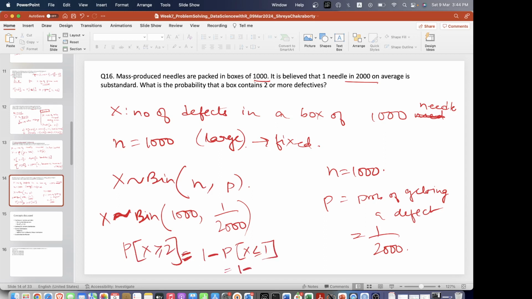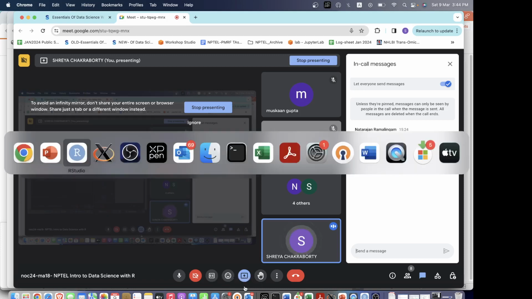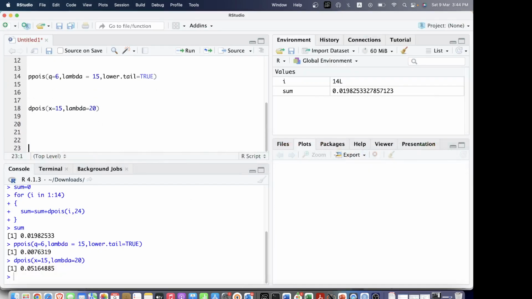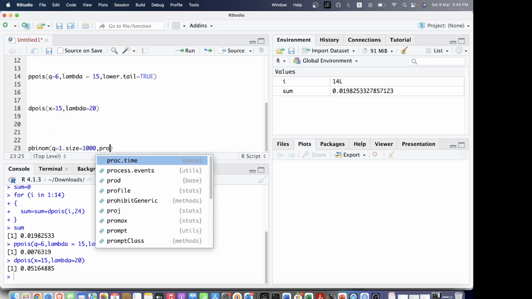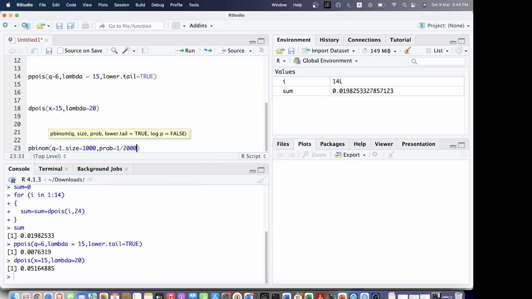This would be 1 minus pbinom, with q equal to 1, size is my n, so size was 1000, probability would be 1 by 2000, and lower.tail will be TRUE.